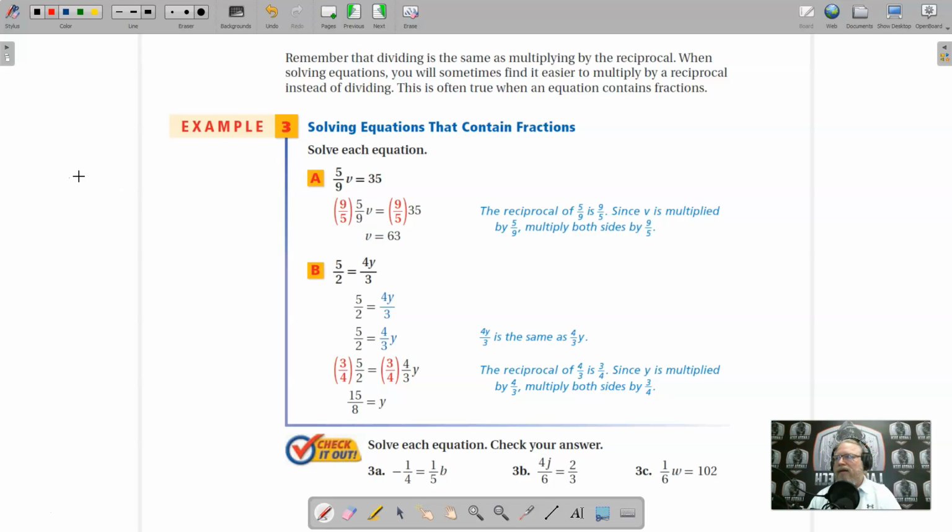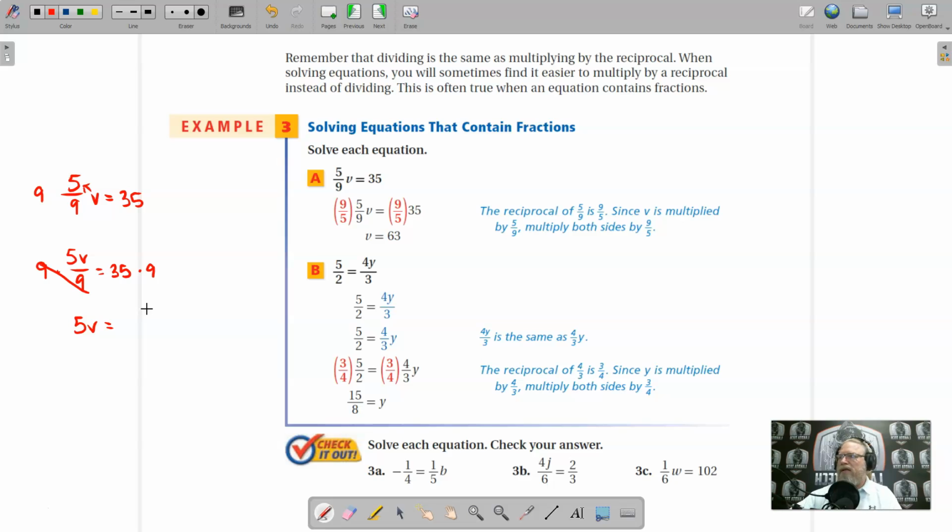Now there would be a long way around this that you could do. You could say 5 over 9 v equals 35. You could then multiply both sides by the denominator, 9. You would have to realize that the v can go up in here, so you could actually write this as 5v over 9 equals 35, and then multiply both sides by 9, the 9's would cancel each other, and you'd end up with 5v equals 35 times 9.